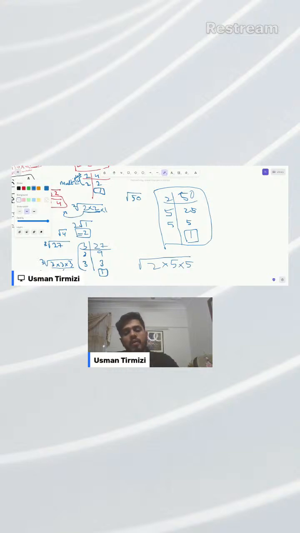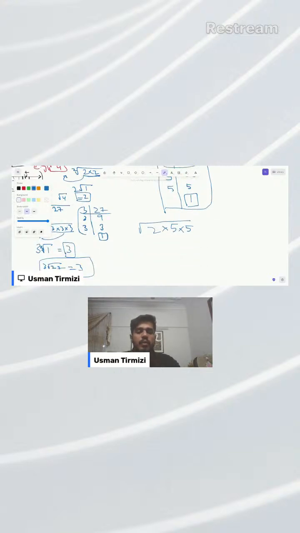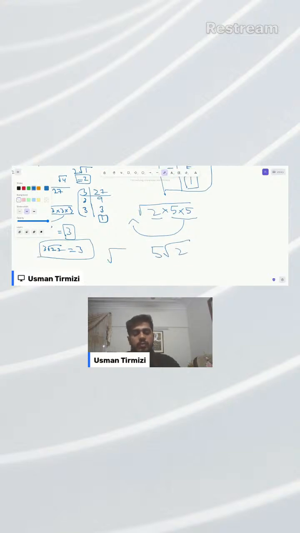We do not have anything in front of the root, which means it's a square root, so we need to make pairs of two numbers. We don't have a pair of 2, but we do have a pair of 5, so we take out 5, and what's left in the root is 2. So the answer for root 50 is 5 root 2.